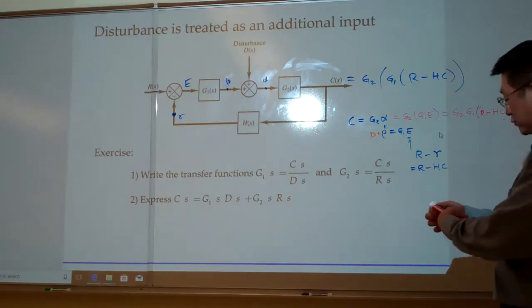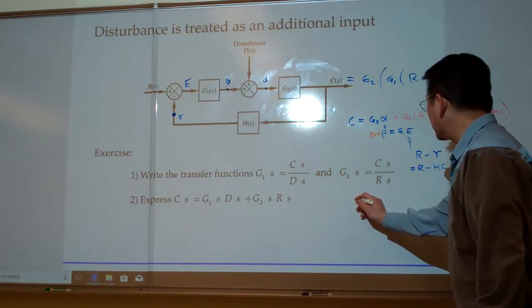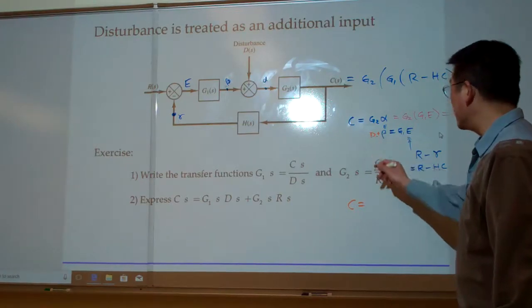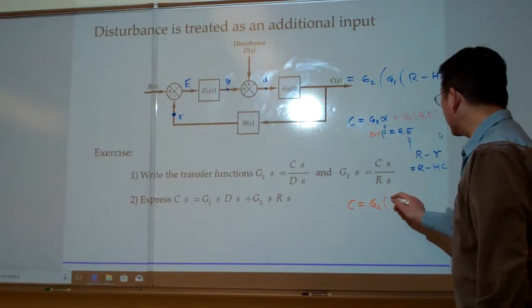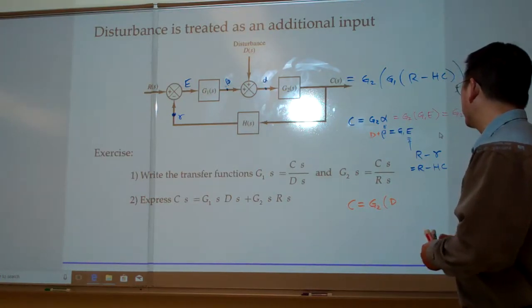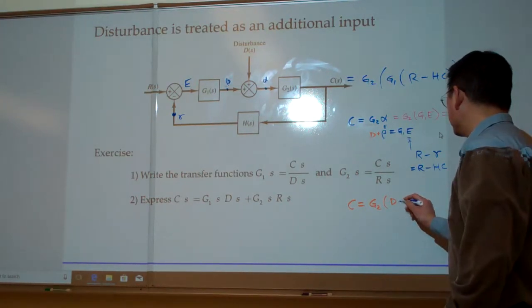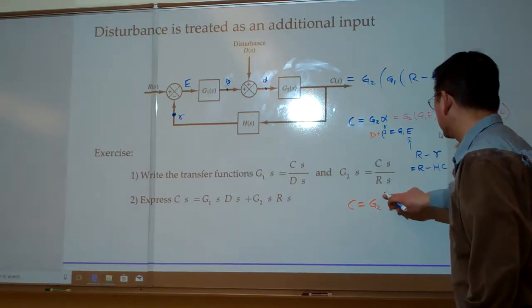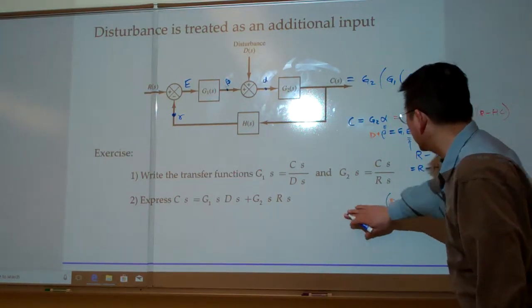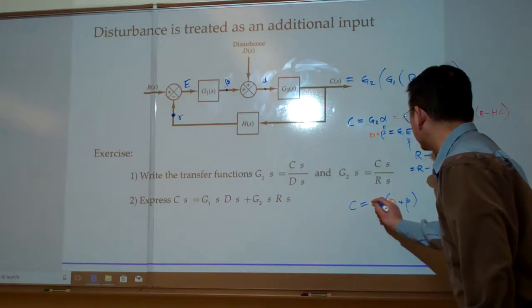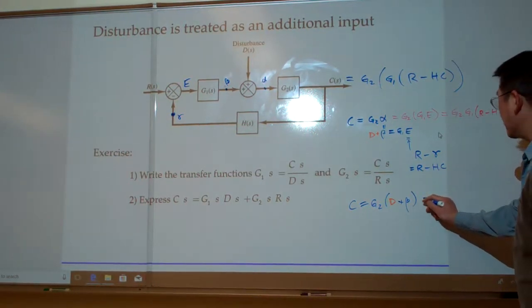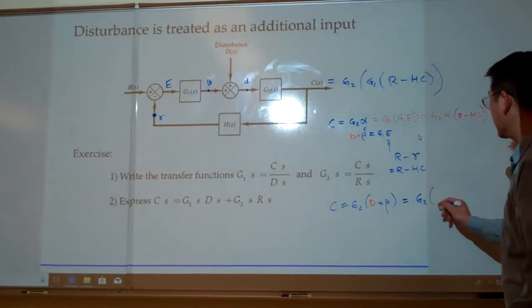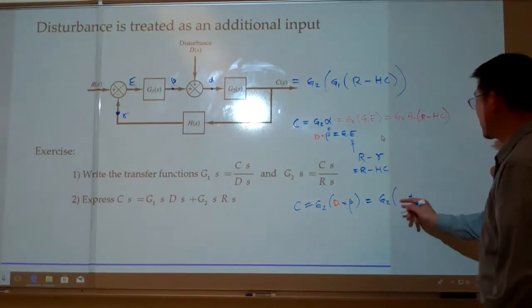If we include the influence of D, that is G2 times alpha equals D plus beta. Let me use the same color. Then beta, what is beta? G2 times, and let me write up D later on.